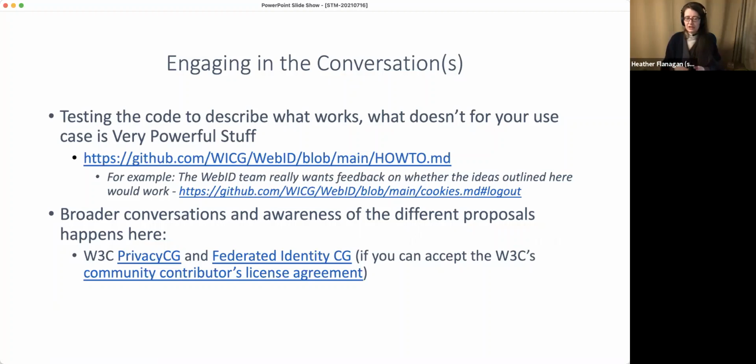The purpose of the community contributor license agreement is so that for any ideas discussed in the community group, if any of the entities there actually go and work on that, say, oh, this is a great idea, we're going to take it and see if we can build it up and work on it in our code, they're allowed to do so.